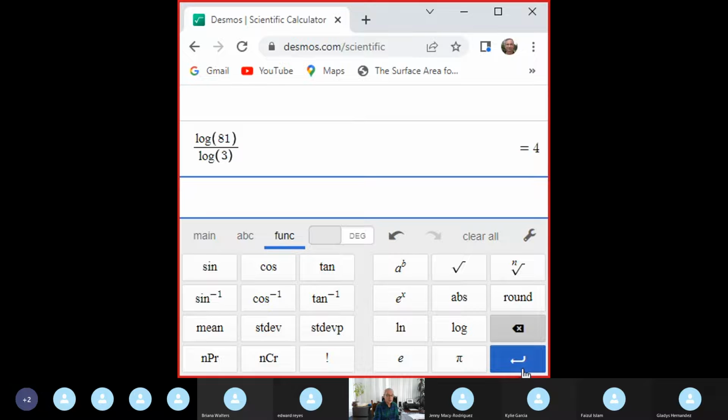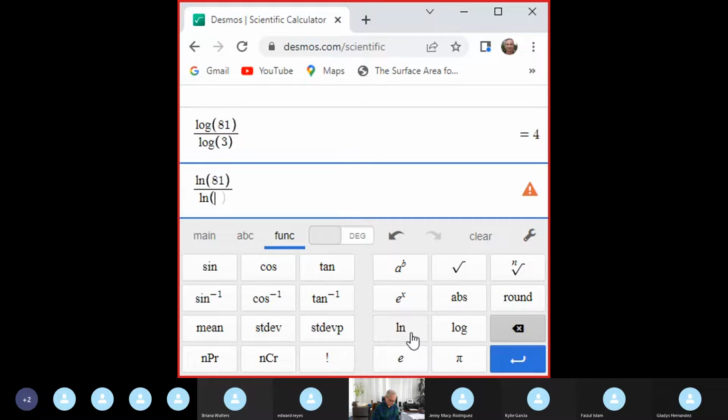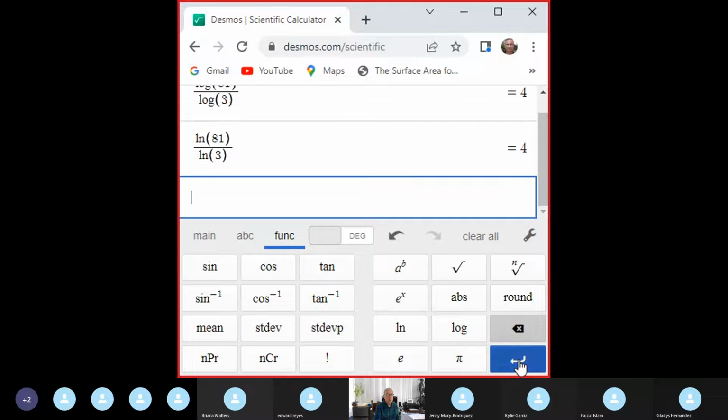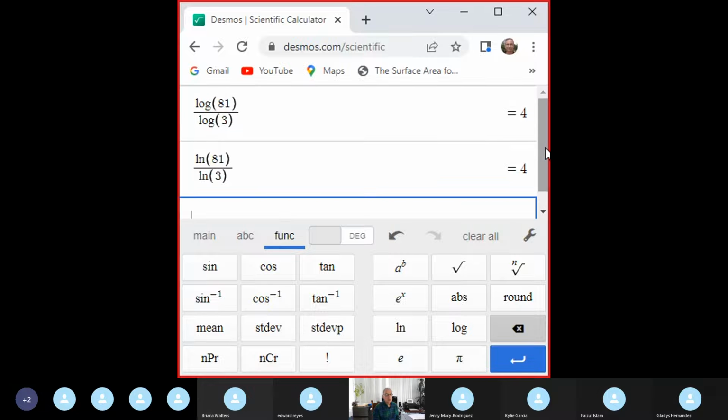And likewise, suppose I make a decision ln of 81, I don't know why, outside the parentheses, divided by ln of 3. So you get the same answer. Regardless of what base you are using, you obtain the same answer. Fantastic.